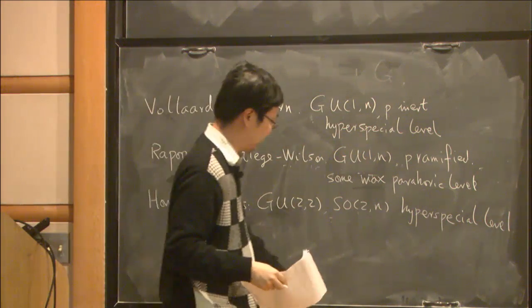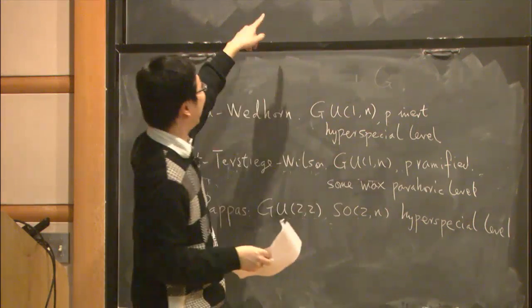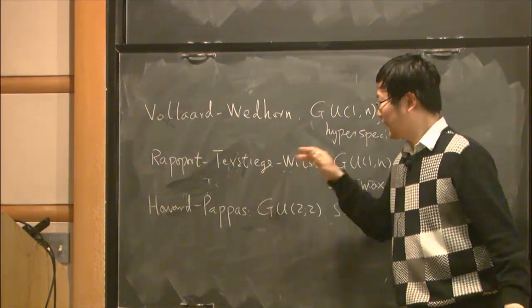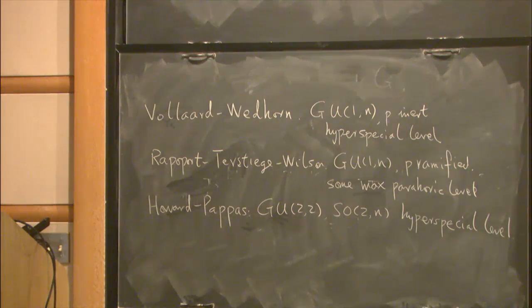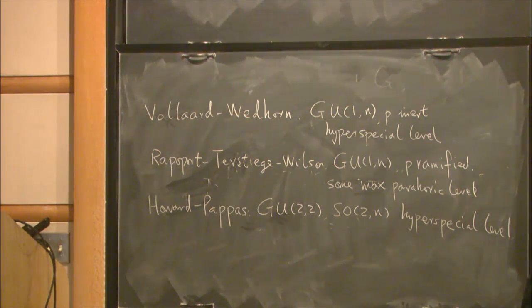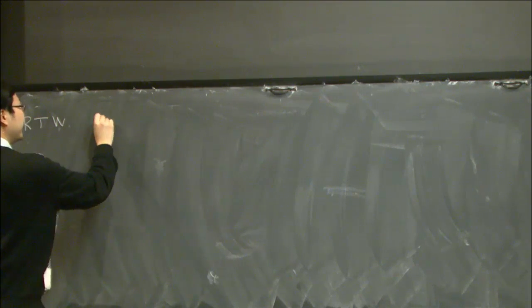Well, what does this nice description look like? Maybe I'll just give you some examples for the case Rapoport, Terstiege, Wilson considered. So this is actually for the P ramified.